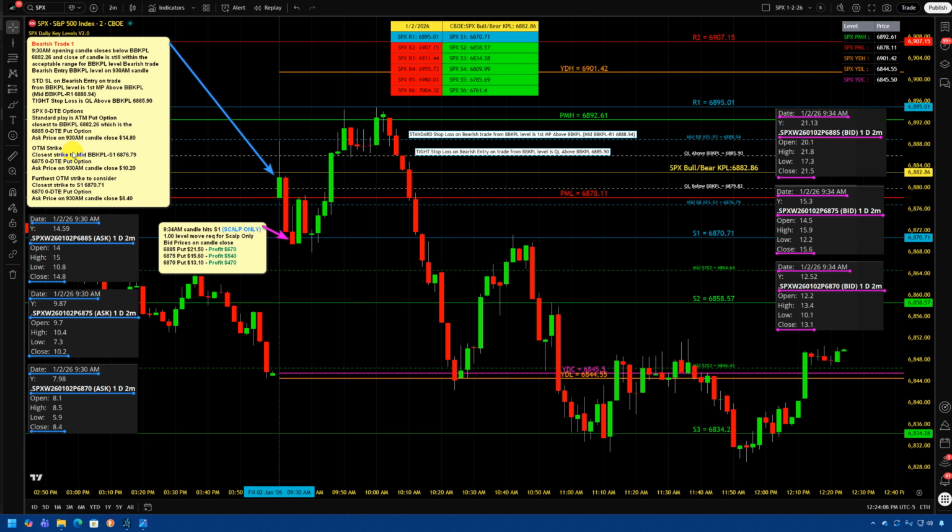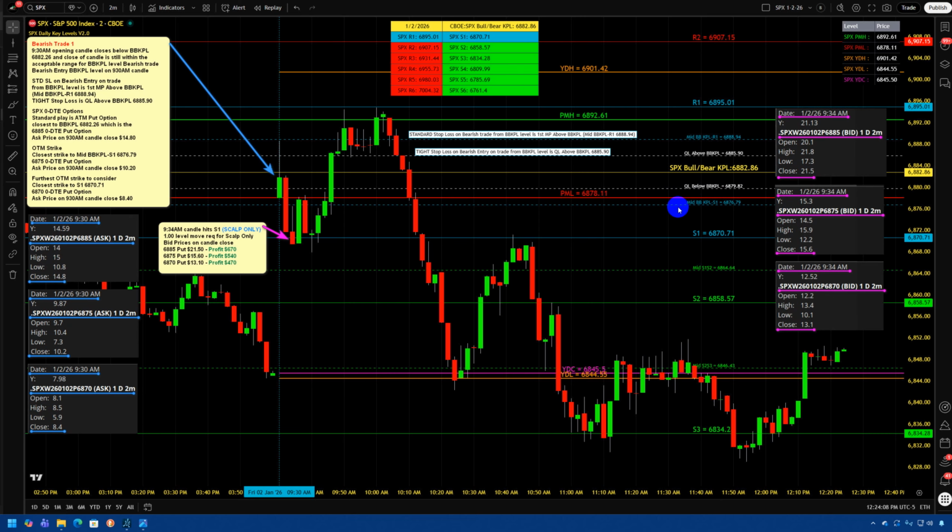Now I said that there's 3 different option strikes that you can use with this indicator on any given bullish or bearish trade off of any of the main key levels. So how do you figure out the other 2 strikes is as follows. You take the level that you're taking the trade from, in this case the bull bear KPL, and the direction you're taking the trade, in this case down since it's bearish, and we first look for our first alternative strike.